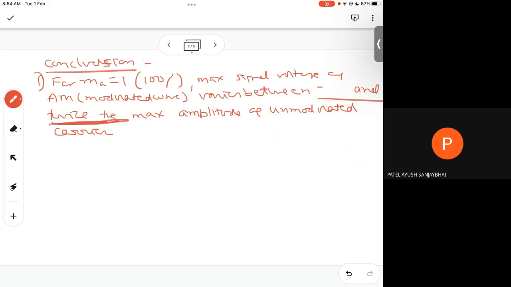In example number 2, what you have seen, if I have MA equal to 0.5, that means 50% modulation.